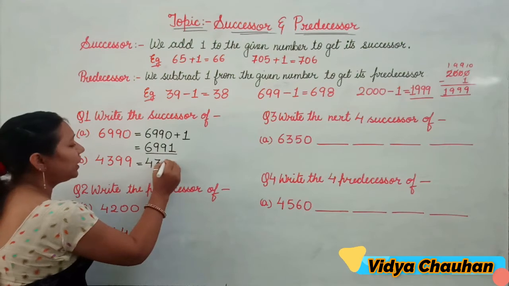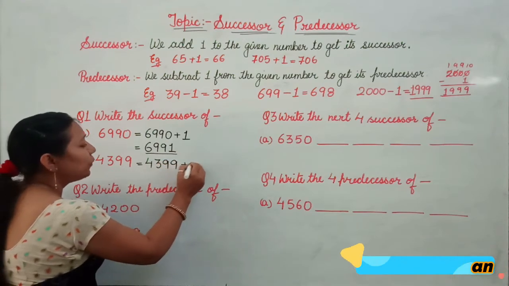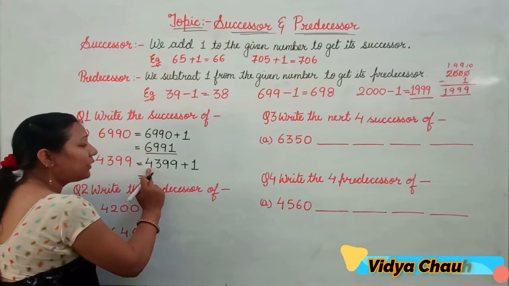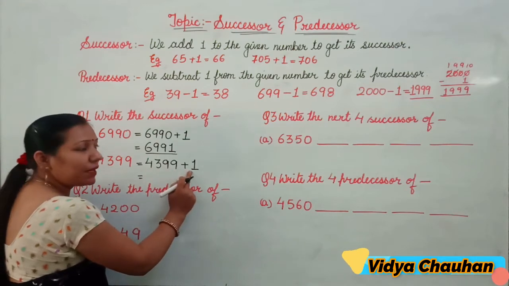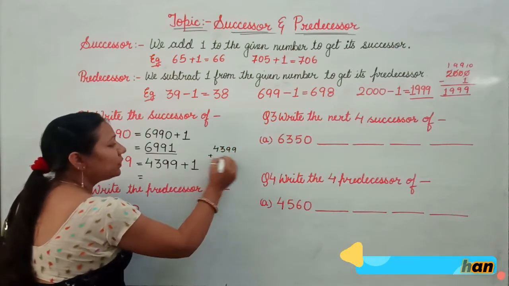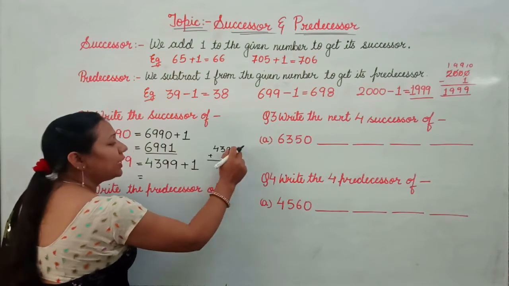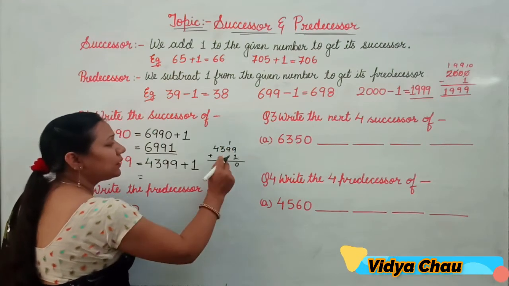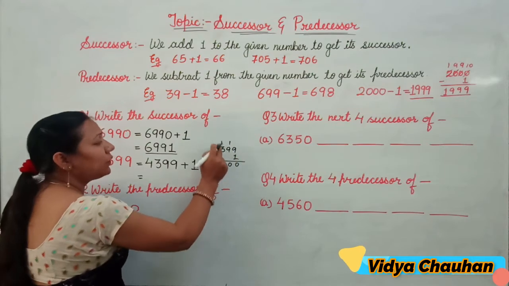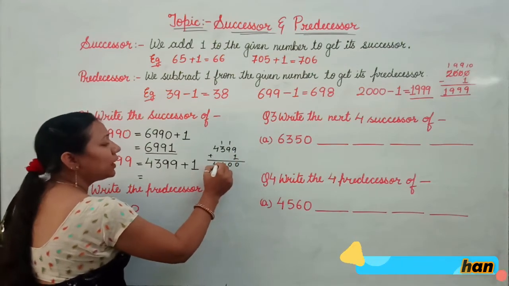Similarly, in the second one, 4399. To find its successor, once again we will add 1 to the given number. When you add 4399 plus 1, let's see what you will get. You can do it here. 9 plus 1, 10, 1 carry. 9 plus 1, 10, 1 carry forward. 3 plus 1, 4 and 4.